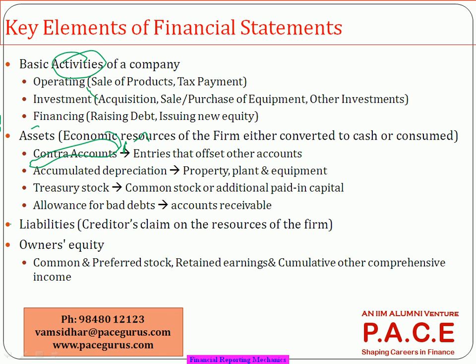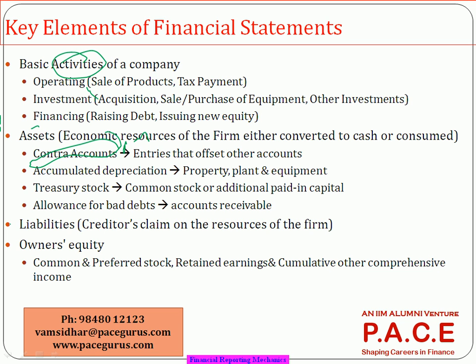That is what we call a bad debt. So I still have to receive 10,000 bucks from my customers, but I'm not sure whether I'll receive 500 bucks or not. That is the allowance for bad debts. We are right now thinking that probably 500 may not be received out of the 10,000. That is what we are calling allowance for bad debt. So all these things go as a part of the contra accounts.